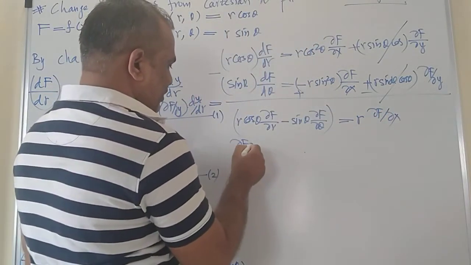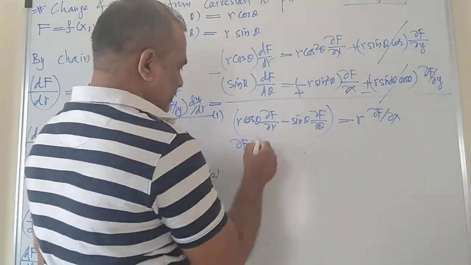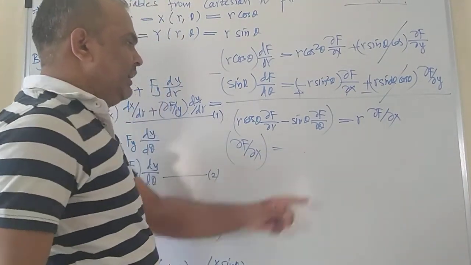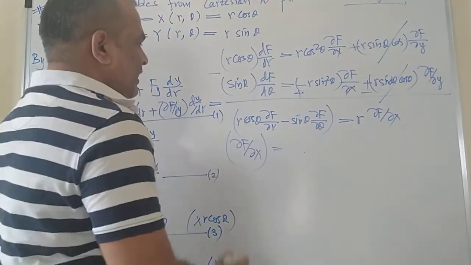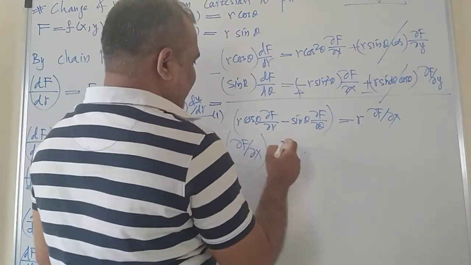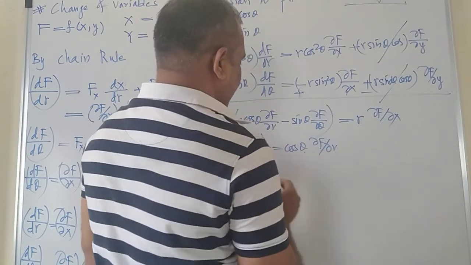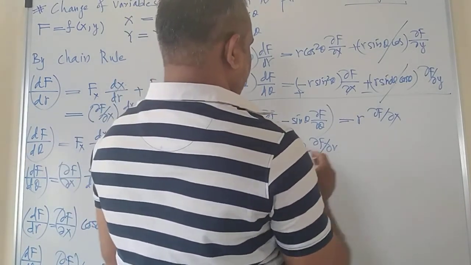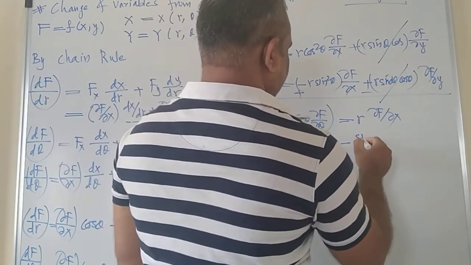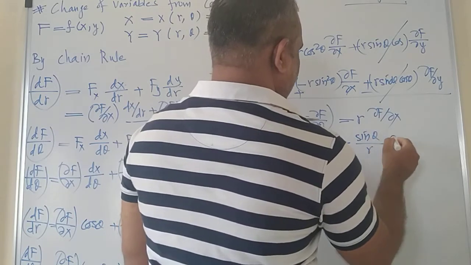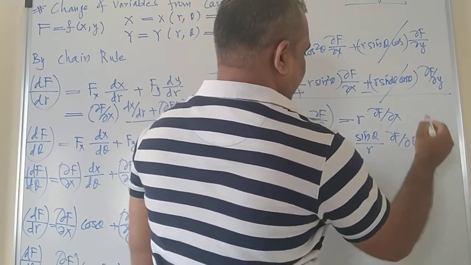This will give me the value for dou f by dou x is equal to, let me transfer this r to the other side, after division r gets cancelled and you will get cos theta into dou f by dou r minus sin theta by r into dou f by dou theta.